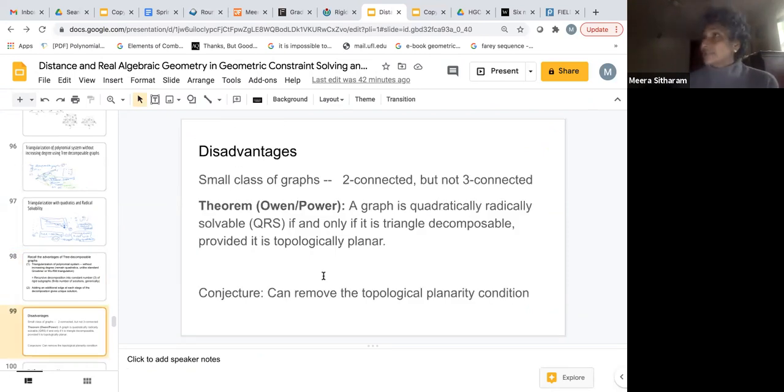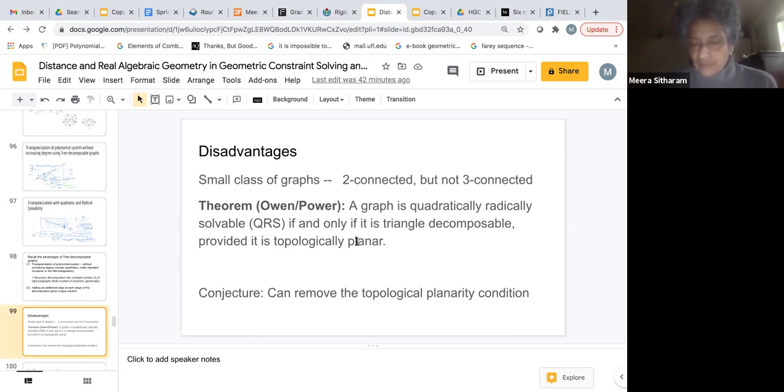The disadvantage is that this is a very small class of graphs. There is a famous theorem by Owen and Power from, I don't know, 2006 or something, that says that such graphs are exactly triangle decomposable graphs, in other words, exactly those for which you have this type of triangularization by quadratics. So it's called quadratically radically solvable. But the theorem doesn't go all the way.